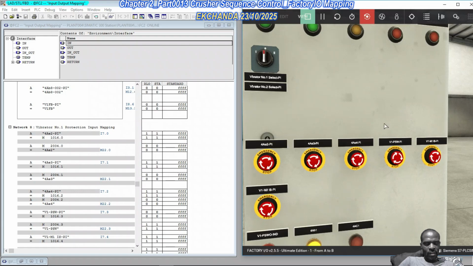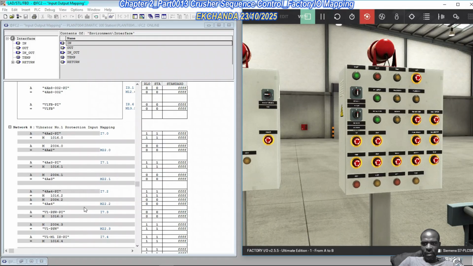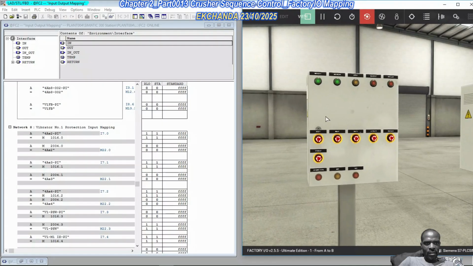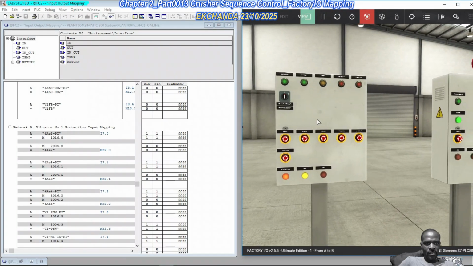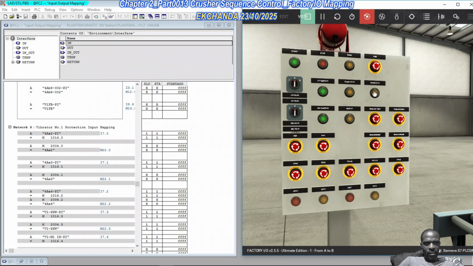And then of course we need to do a system reset to normalize the signal state. So vibrator number 1 paddle switch. And then if we do a system reset, now we're getting the expected behavior.